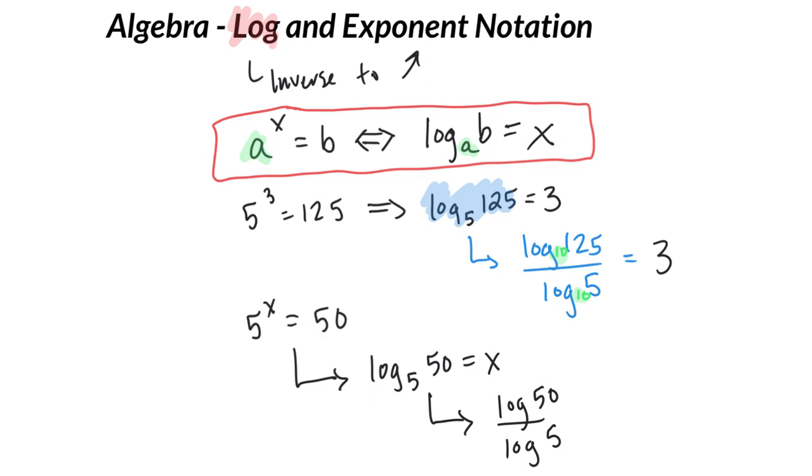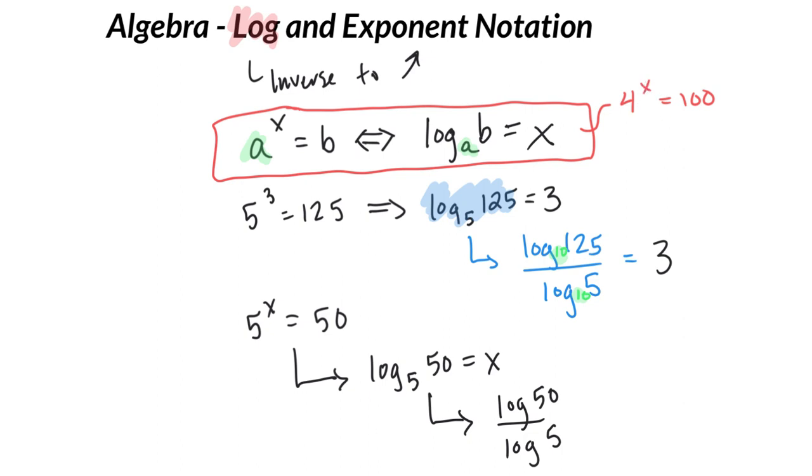Let's just off to the side do one more. Let's say I said 4 to the x equals 100. Now, again, let's just think about it: 4 squared is 16, 4 to the third is 64, 4 to the fourth is already over 200. So it's going to be 3 point something.